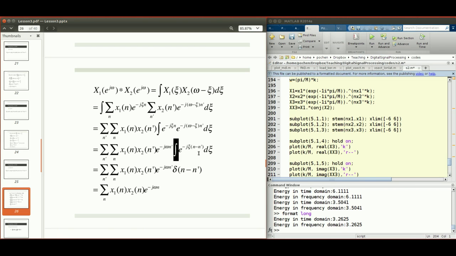So the integral of this is going to give you something we call a sinc function, and then you can take the limit of the sinc function, and eventually it's going to give you a Dirac delta function, right?